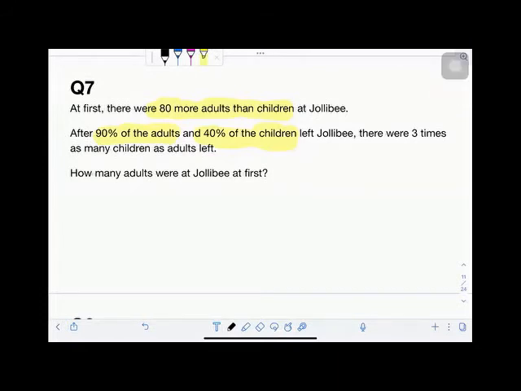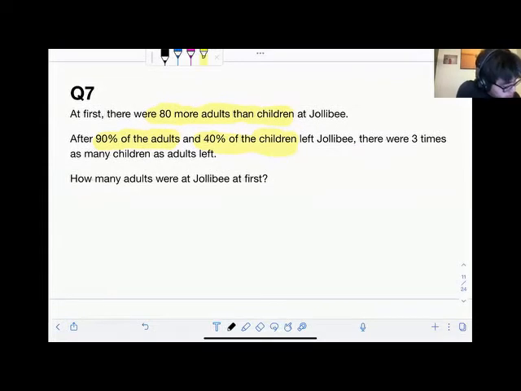So, siguro mag-demo po muna ako. Question 7. Sige, mag-demo po muna ako. So, as usual, adults and children, yung mga boxes na i-drawing natin.